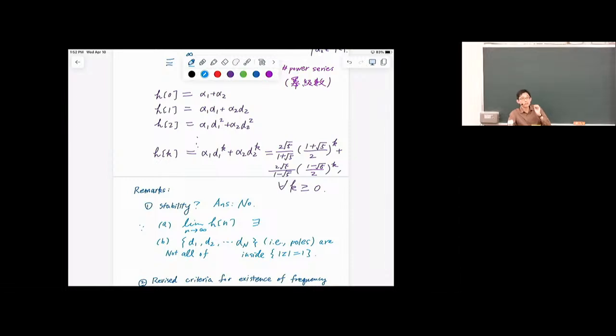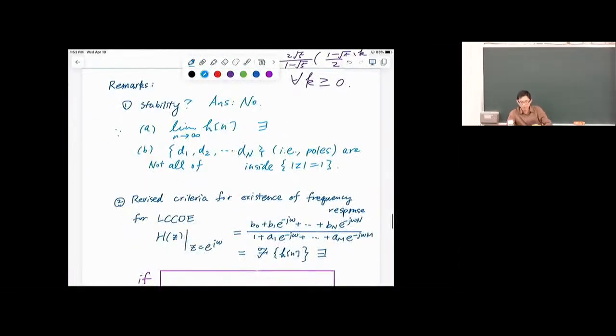And this is an important concept. Because each pole corresponds to a geometric series, a geometric sequence. Not all poles are inside the unit circle.